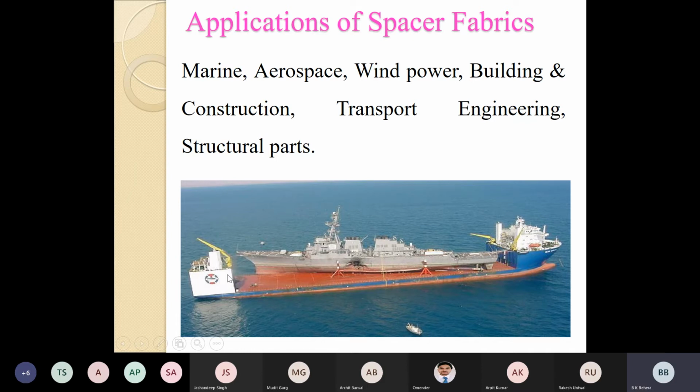Superstructure is the white portion, which is a major part where, using this structure, you have rooms, playgrounds, swimming pools, kitchen, many rooms, everything. The bottom is only touching the water, but the whole thing is made using spacer fabric composite material.